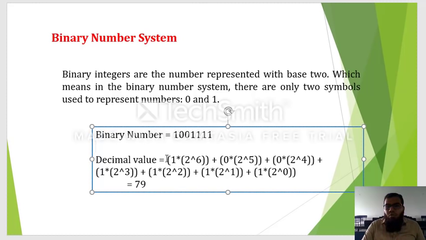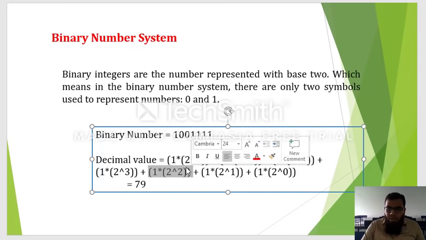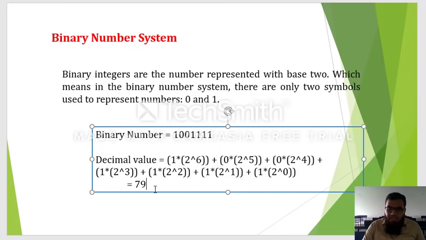When you combine all these values, obviously 2 power 5 into 0 and 2 power 4 into 0 will give the result as 0. So this 2 power 6 into 1 will give some number, and then the others will give some numbers. You need to add all these terms and you will get the number as 79.